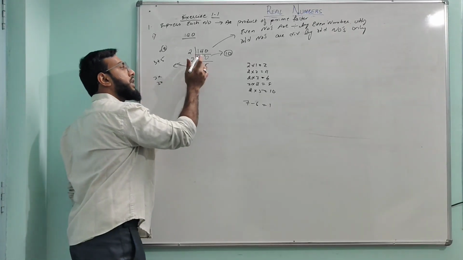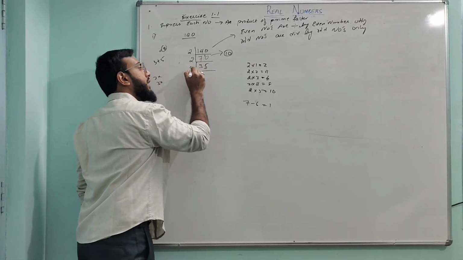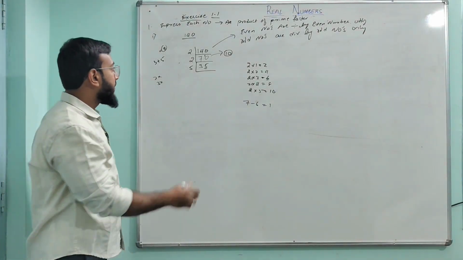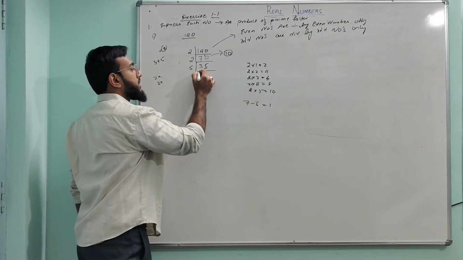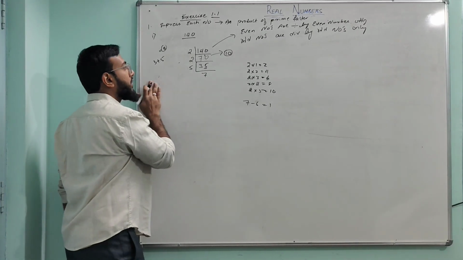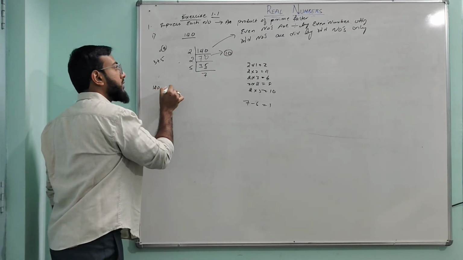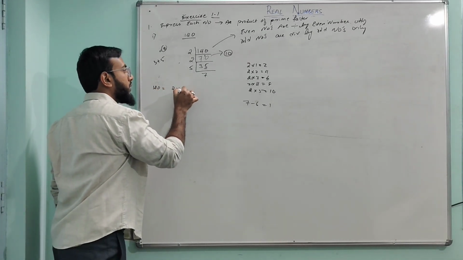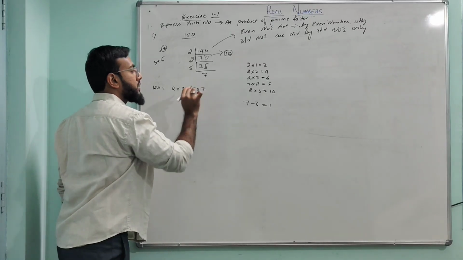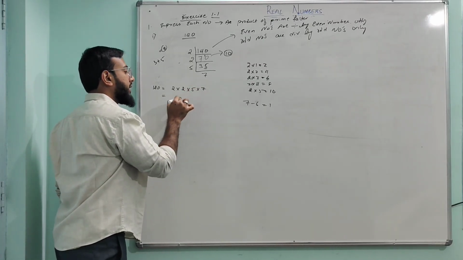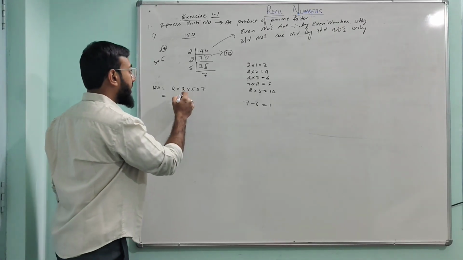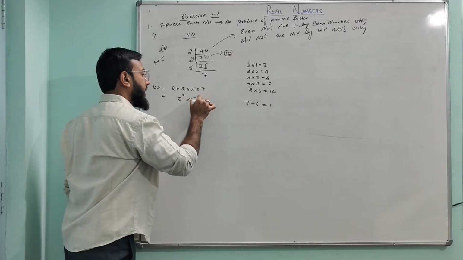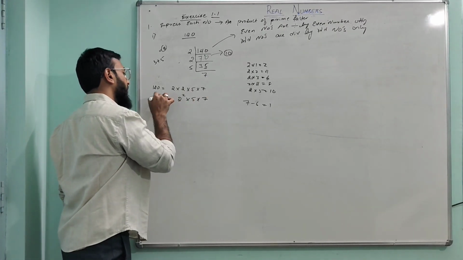So how will we go? We'll go with 5. 5 7s are 35. Then 7 you can keep as it is. What are the factors? 140 is equal to 2 into 2 into 5 into 7, or you can write 2 power 2 into 5 into 7. This is the answer.